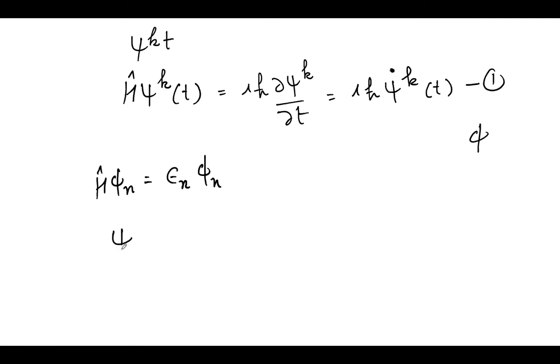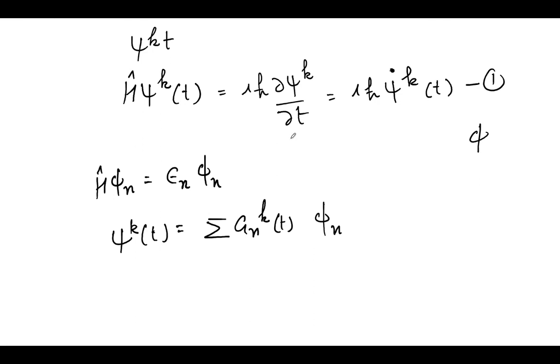So this psi k of t I can write as the summation of a n k of t into phi n, where a n k of t is generally known as the probability amplitude of this wave function.